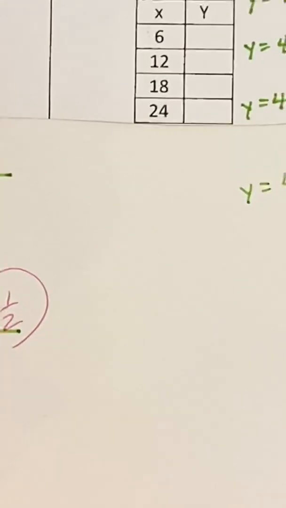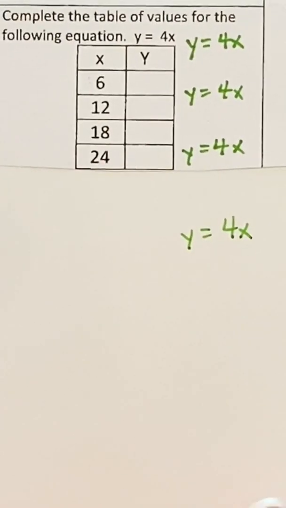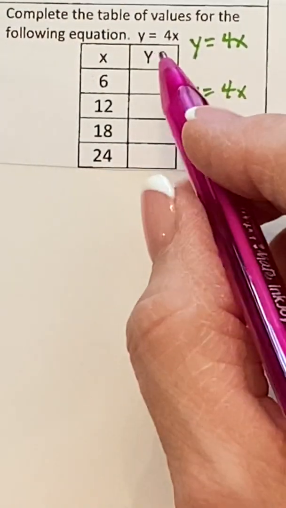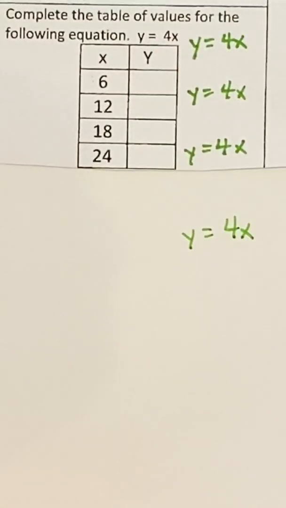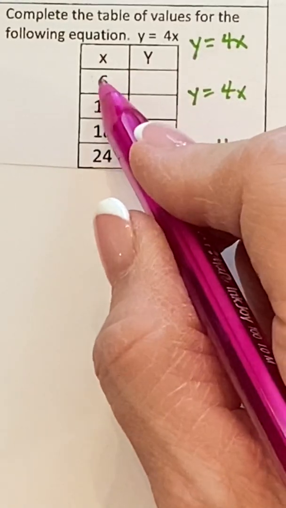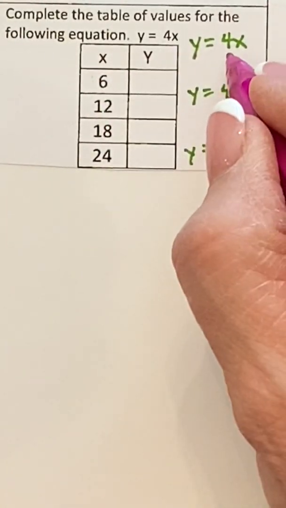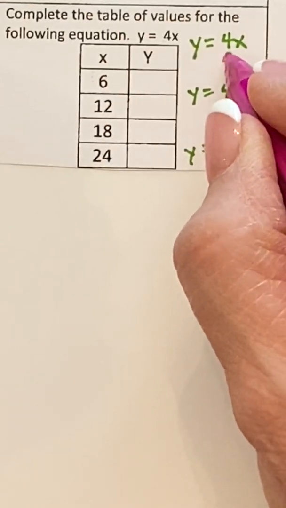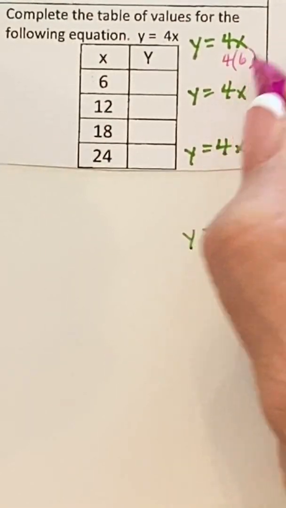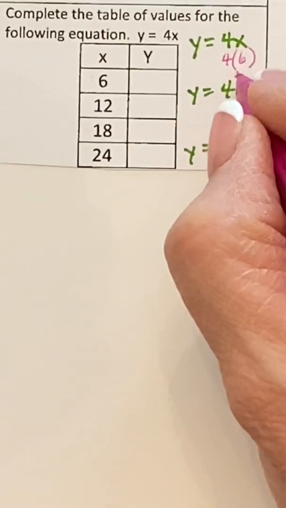All right, we're going to look at the very last problem right here. And it says complete the table of values for the following equation. I wrote this down because every time you have to go back and use this equation with x. So what happens if I replace x with 6 right here? That'd be 4 times 6. What is 4 times 6? Is that 24?